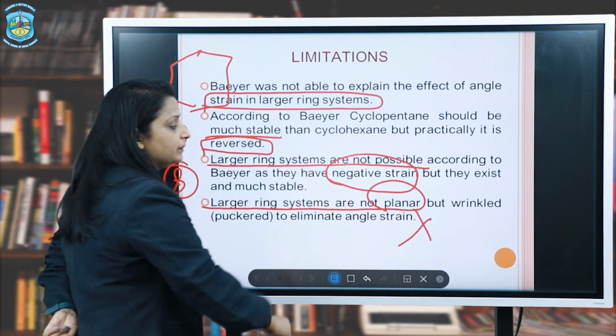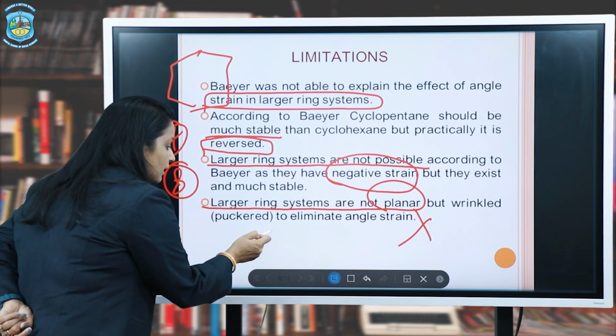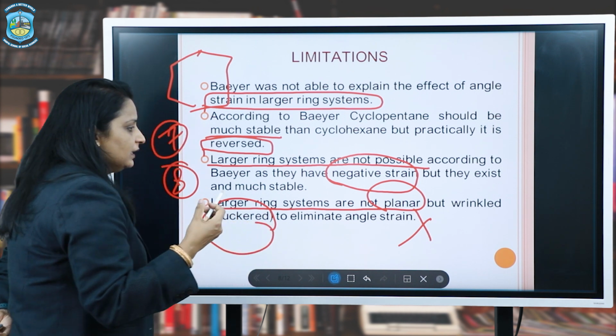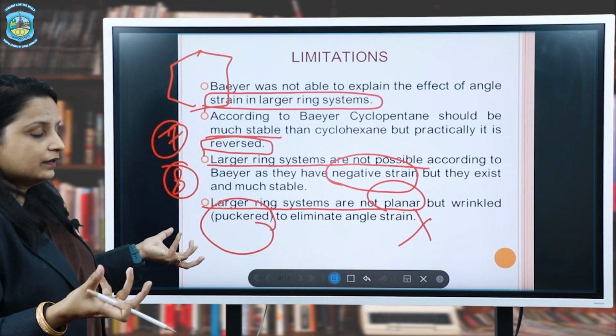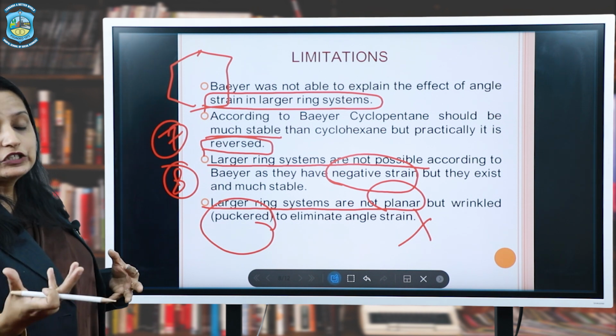They are not planar. But here comes a new word, that they are puckered. Puckered means you can say they are somewhat wrinkled, to eliminate maximum angle strain.